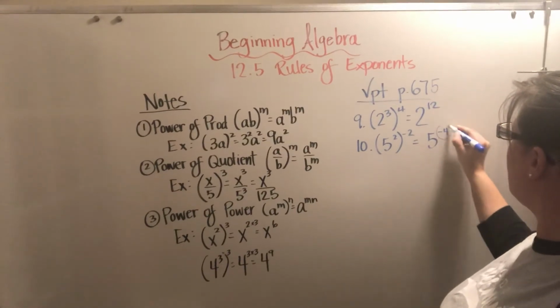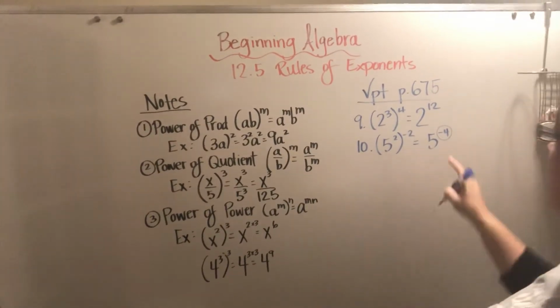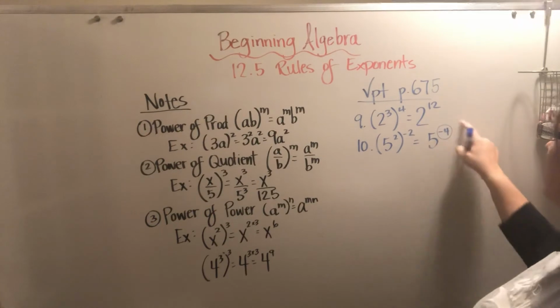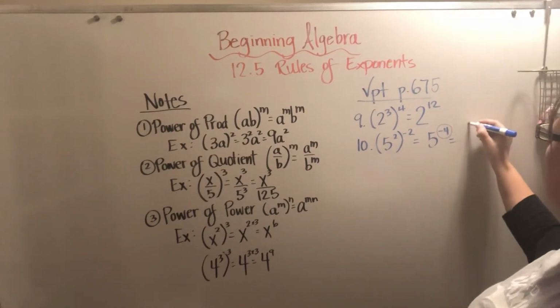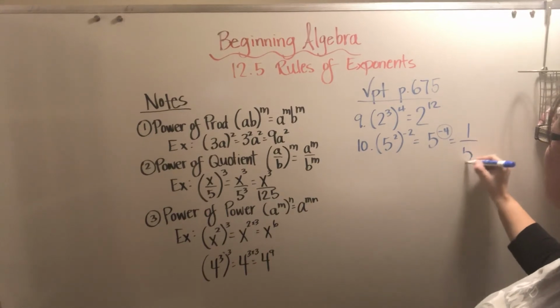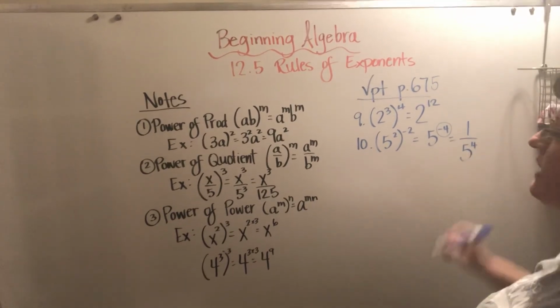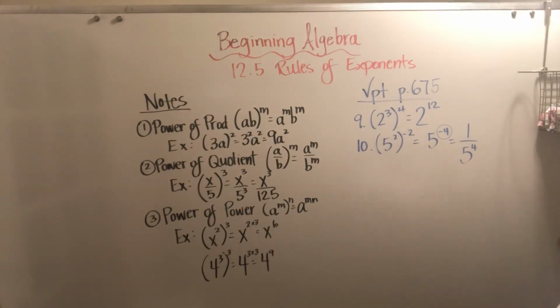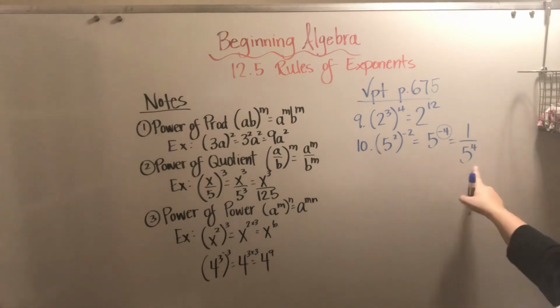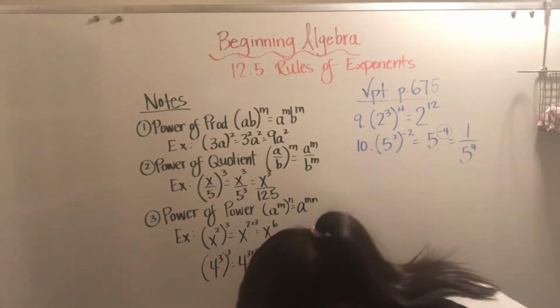So when you have a negative exponent here, you want to put this term in the denominator to make it positive. So 5 to the negative 4, and hopefully you'll remember we've talked a little bit, is the same as writing 1 over 5 to the 4th. So when they say use only positive exponents, that means you can't leave that like that. You have to put it in the denominator.